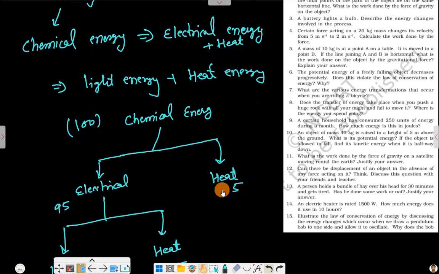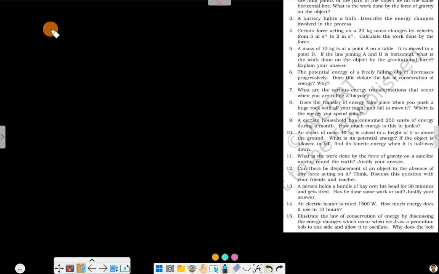So going to question number 4. A certain force acting on a 20 kg mass changes its velocity from 5 to 2 meters per second.